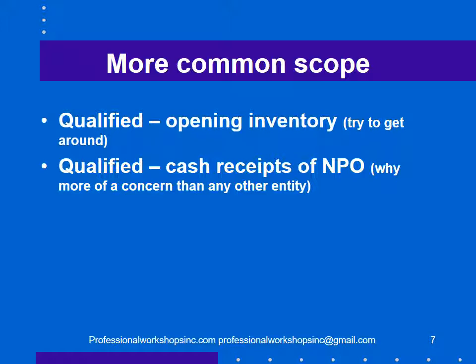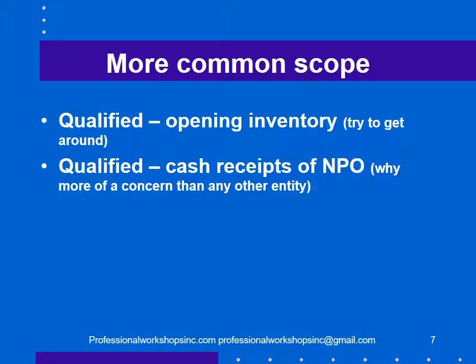Ones that are more common are scope qualifications. Opening inventory, that's a classic, though we're not supposed to just casually qualify our audit opinions if we could get around it somehow. So if you're appointed auditor for this year in January of this year, and you know you're going to have a problem with opening inventory, you should say to the client, well, we need to count inventory right now. We need to count at the end of January or the end of February.